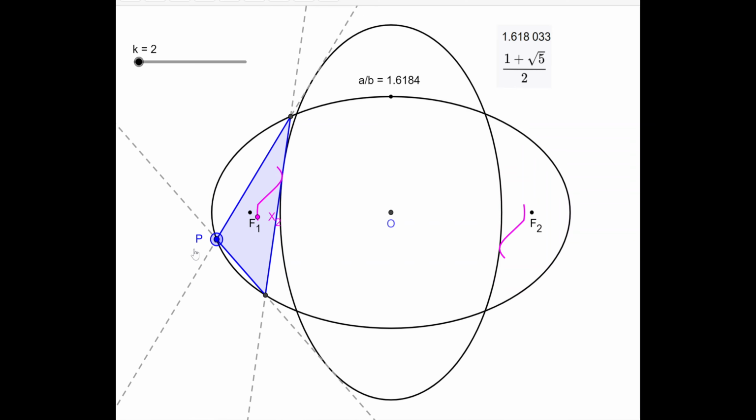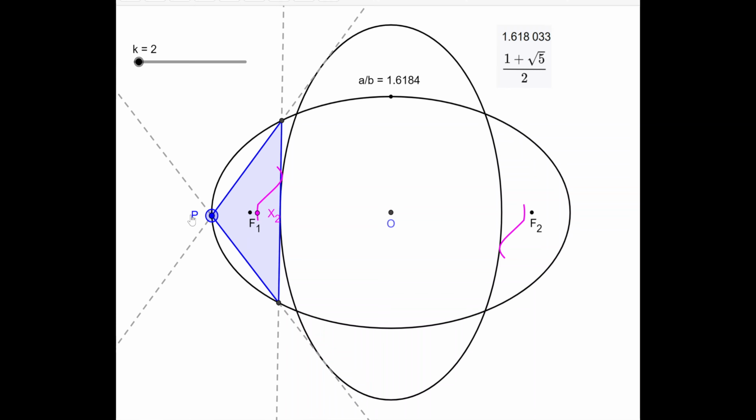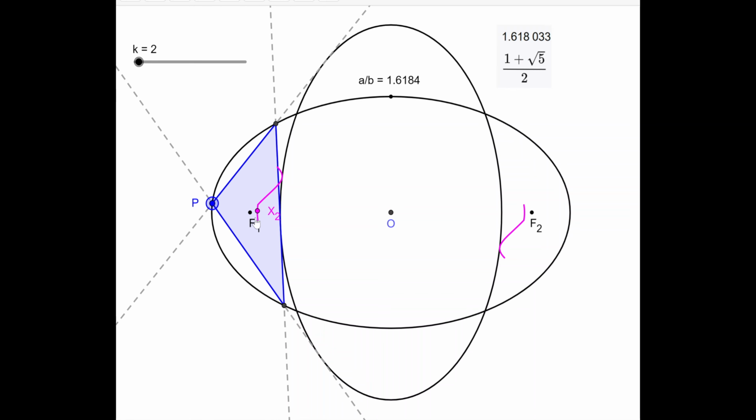It probably will be an arc of a conic. So just this little arc over here. When I say it's likely a conic, it's because there is a result that says that X2 always follows a conic for an arbitrary Poncelet pair.